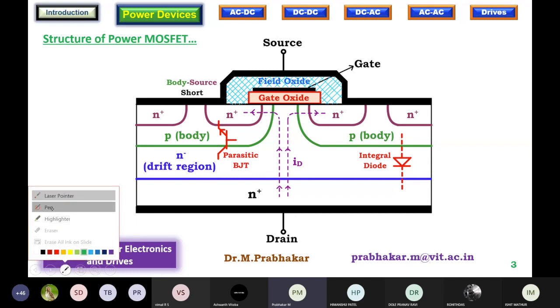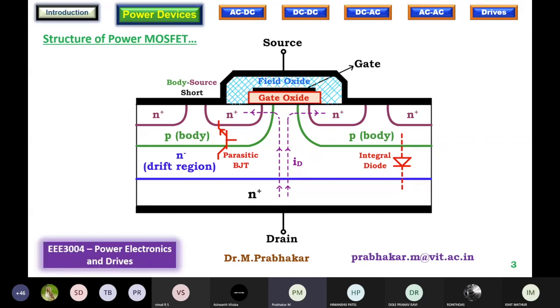Nevertheless, to indicate this body diode, in the symbol, sometimes if the effect of that body diode is more pronounced, then people actually refer to that body diode and indicate it clearly in the symbol itself, like this. There will be the drain, there is the source.